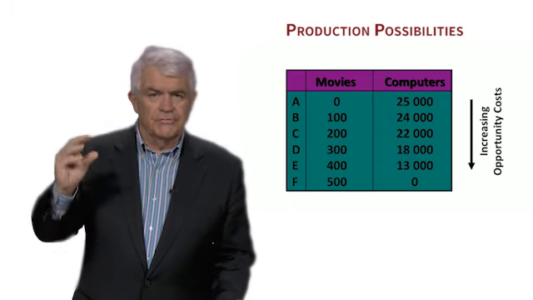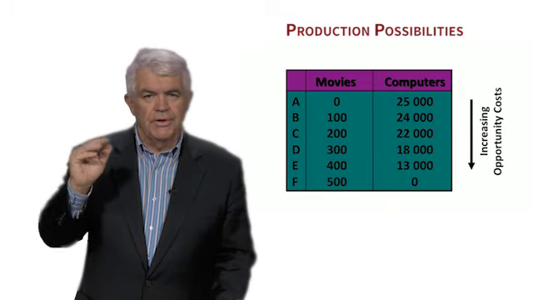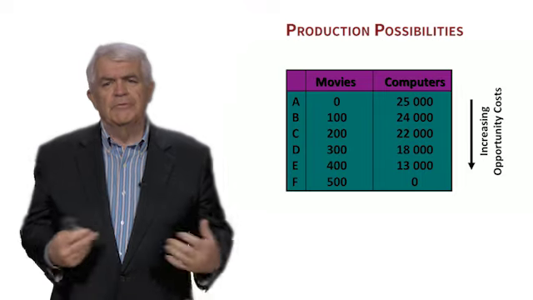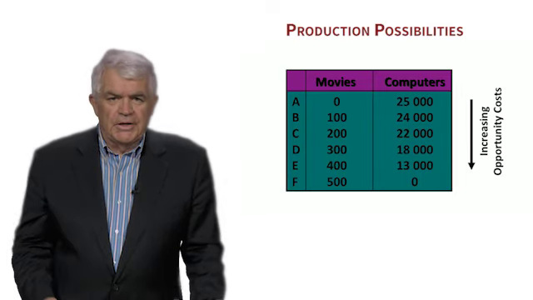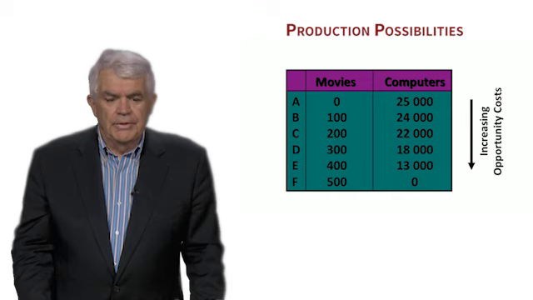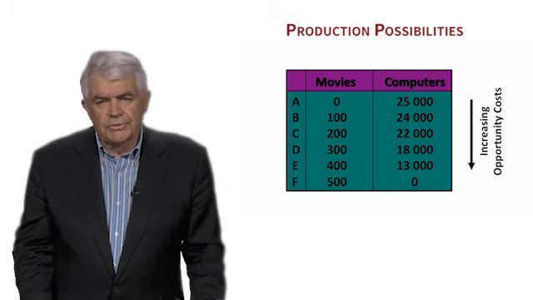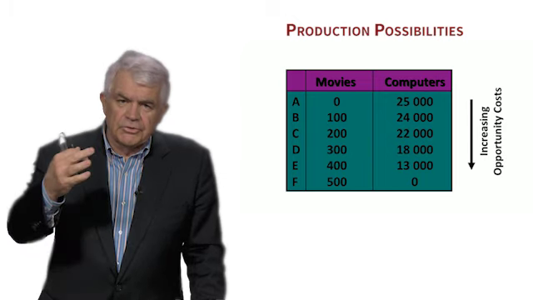It's increased from 1,000, going from 25,000 to 24,000, and now it's 2,000, 24,000 to 22,000. So the increment is bigger, and that's what we mean by increasing opportunity costs. You can go further down the table, say 300 rather than 200, and then you're going to have an additional opportunity cost. In this case, you go from 22,000 to 18,000. And you'll just go right down the line.